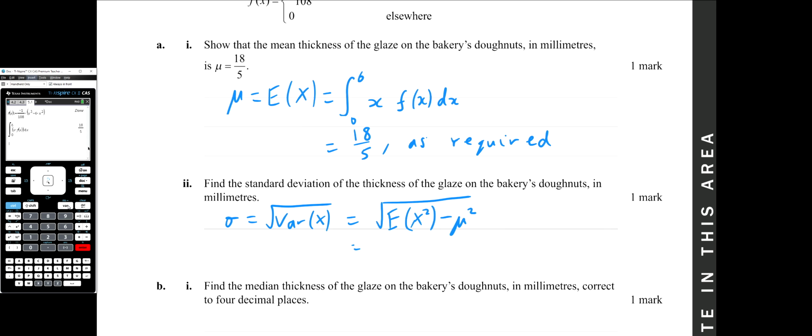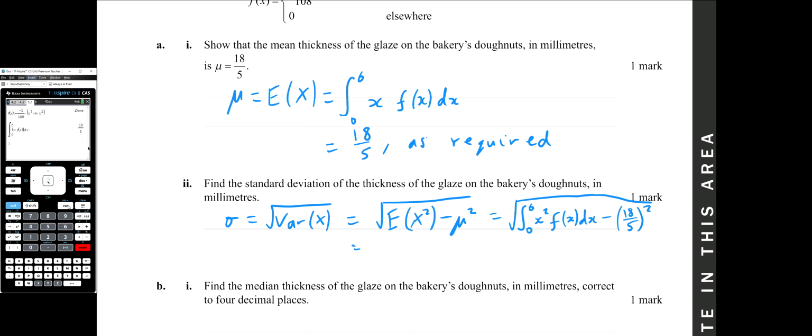So this one, let's write it over here. The expected value of x squared is the same integral as before, except we now have x squared instead of x. So x squared f of x dx minus 18 over 5 squared, which is the mean.